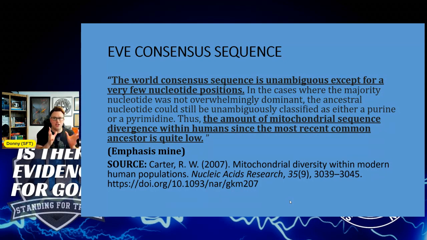Regardless, what we see in terms of worldwide mitochondrial DNA variation, as well as the representation of it in a phylogenetic tree, as I've done in previous episodes, and for sake of time, I won't do it here, is exactly what the biblical model of ancestry would expect and would predict.